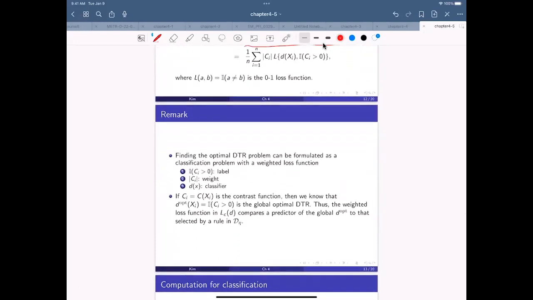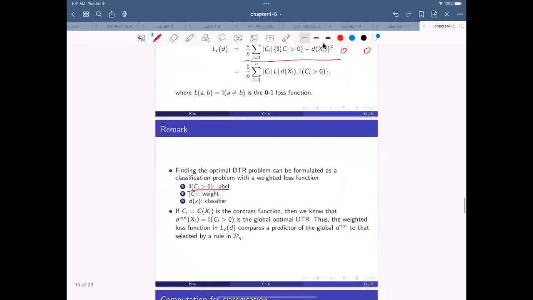So finding the optimal DTR problem can be formulated as a classical classification problem with a weighted loss function. This guy is a true label, and d(x) is a classifier that you want to find, and C_i is the weight.